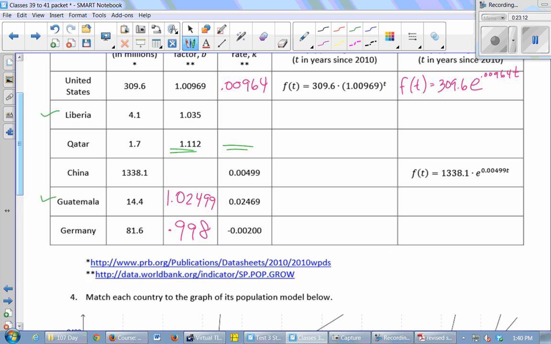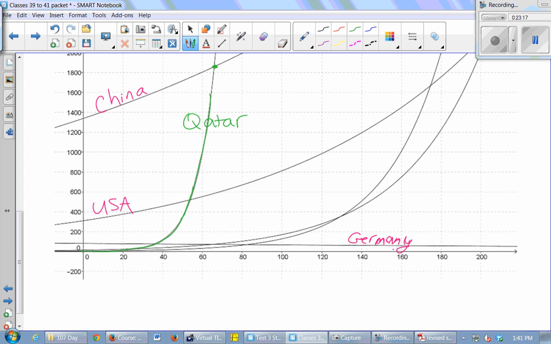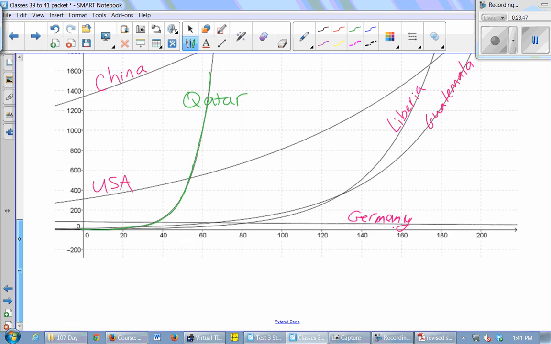If my scale on my graph were a little bit different, I might be able to pick it out by y-intercept, but my scale, I had to make it this big in order to be able to see China, right? So you can't really find the y-intercept of these other two. So we have to look at growth rate, and the one that gets bigger faster would have to be Liberia, and that leaves this one to be Guatemala. No reason, I was just trying to point out which one it was. All right, good.